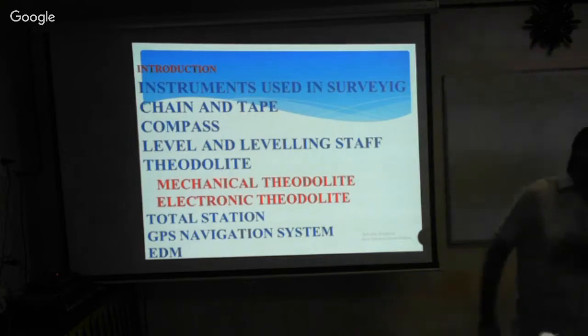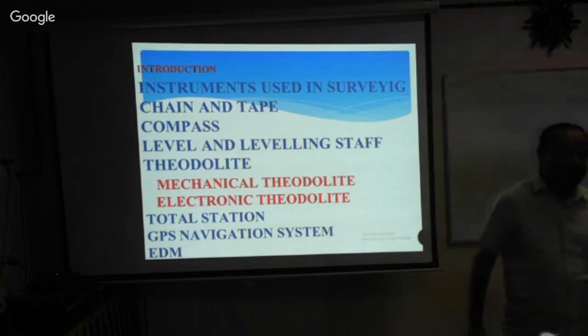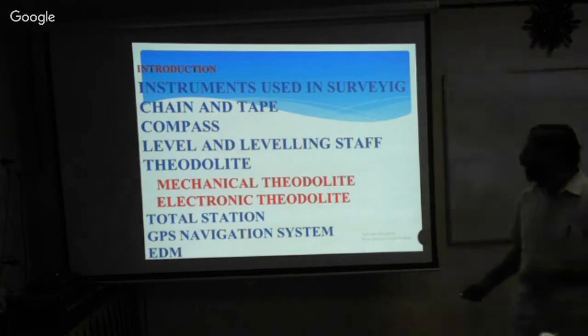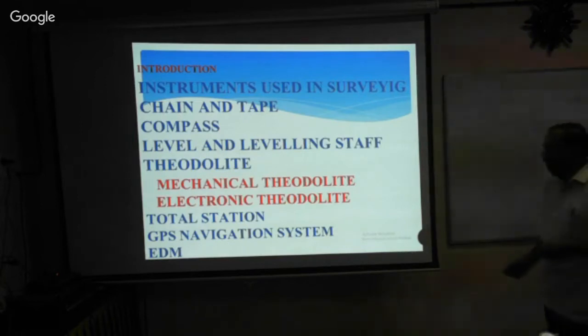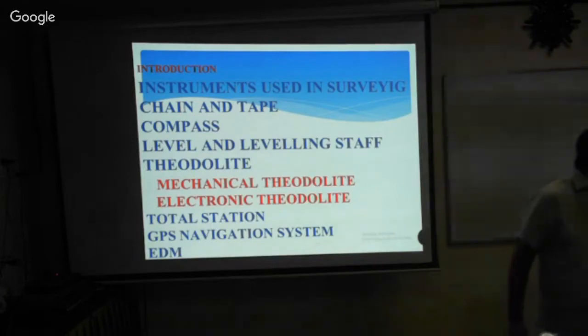It is another instrument, an electronic instrument. Another gadget, an electronic gadget, used for some other purpose. Now we'll go in detail about it. Then GPS navigation, that is another equipment.